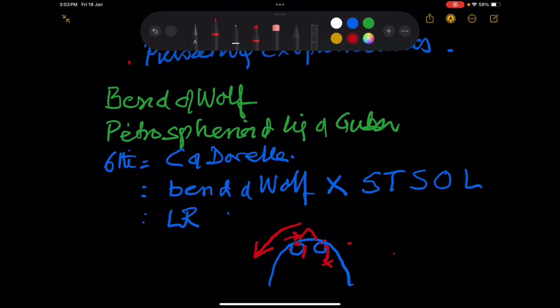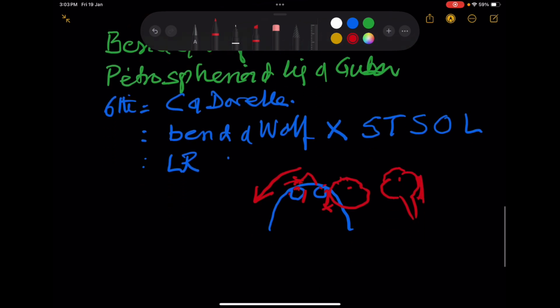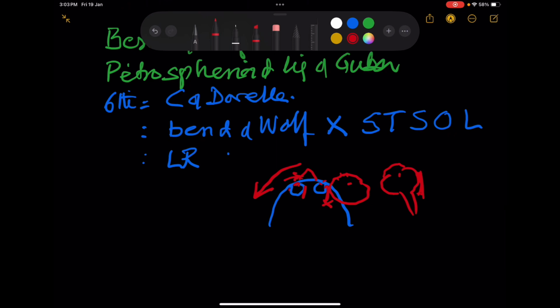So you will have a picture of this eye pointing this side, but this eye fixing. This will indicate the lateral rectus paralysis in an unconscious patient, and this type of to and fro movement, right and left movement, is called doll's eye movement.